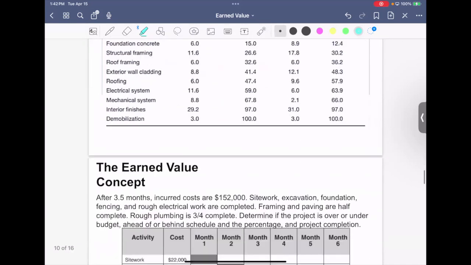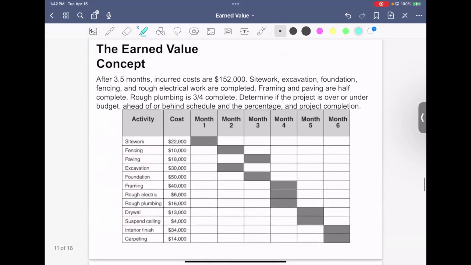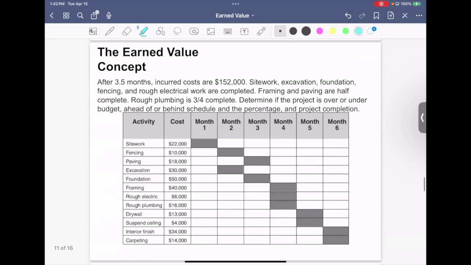So now we are moving to the example here. This example is the same as the example in the Word document you opened with the solutions, right? Let's take a look. This question is asking after 3.5 months. This is month 1, month 2, month 3. So where is the 3.5 months?